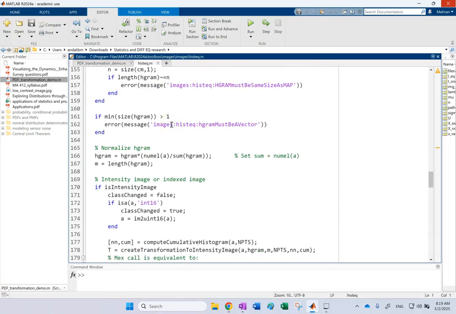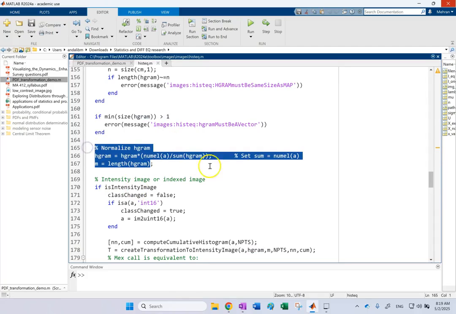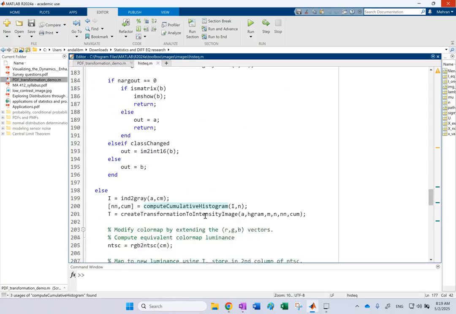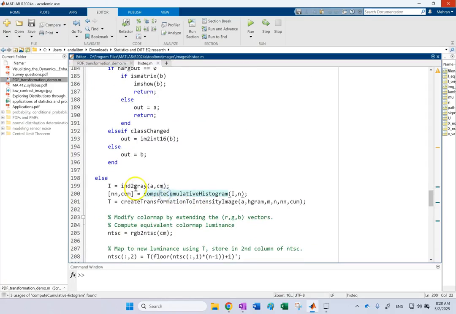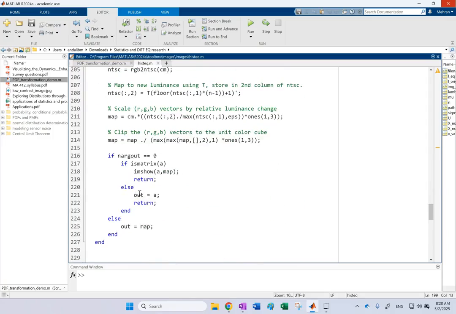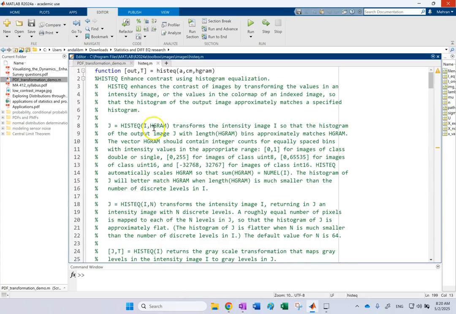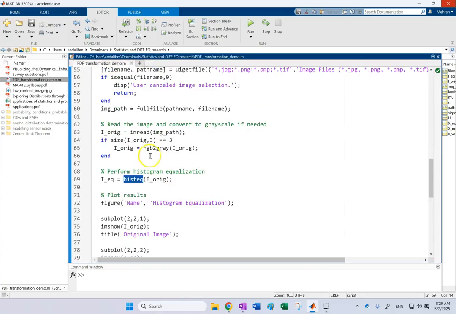But then you see here, look, you're normalizing the histogram first to make it a PDF. And then from that PDF, you calculate the cumulative histogram, the CDF function. And once you have the CDF function, now you apply that. And once you apply it, you get your results. Of course, instead of all of these lines of code, you can have only a few lines of code, but that function is written so it can handle errors.